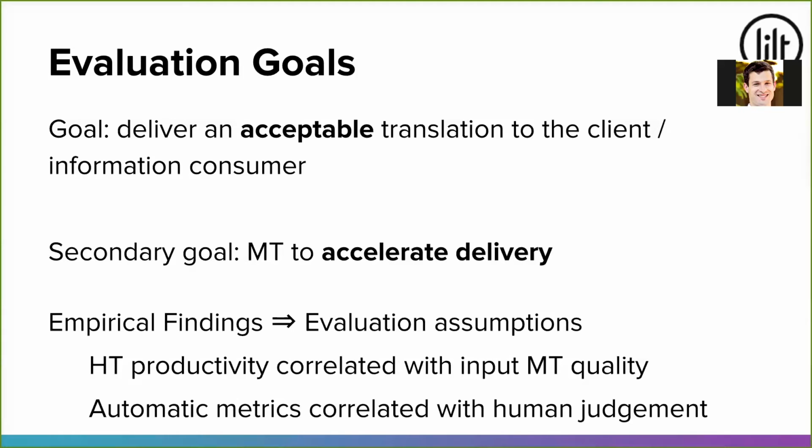The second empirical finding that we're going to take advantage of is that some of the automatic metrics that are used in translation quality evaluation, BLEU being the famous one, are correlated with human judgment.